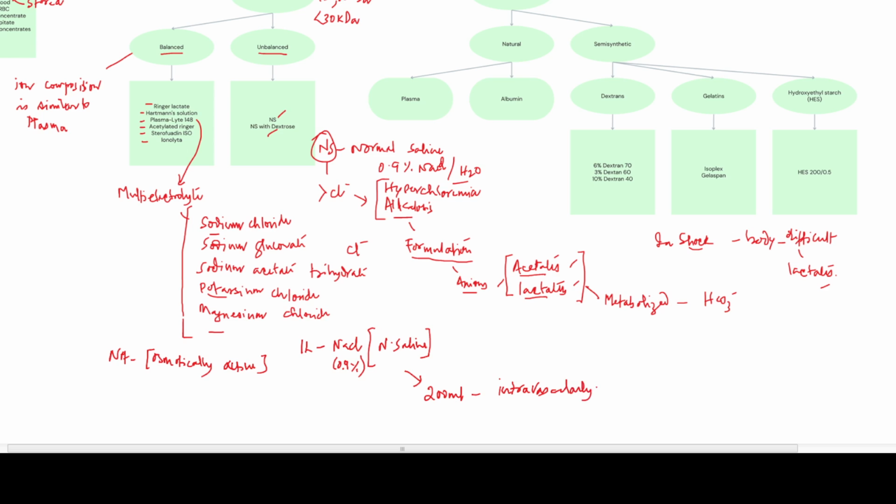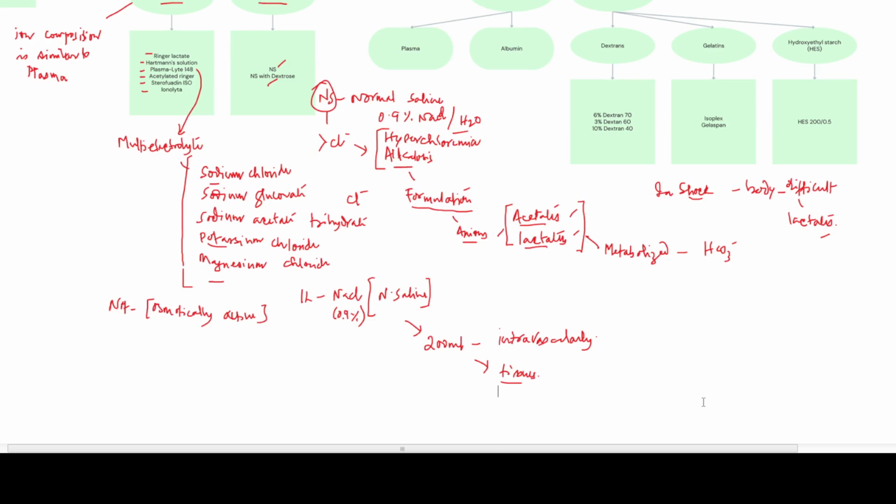So what happens to the rest? The rest goes into the tissues. Because it goes into the tissues, if you overload a patient with this preparation, the fluid is going to accumulate in the periphery. So the patient may have either edema or pulmonary edema.